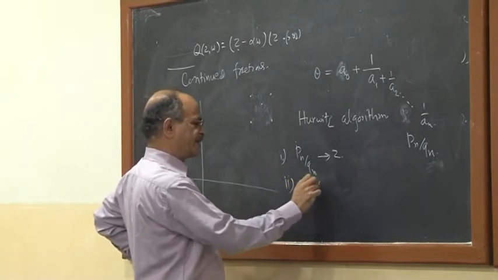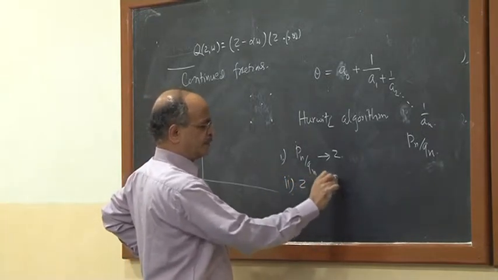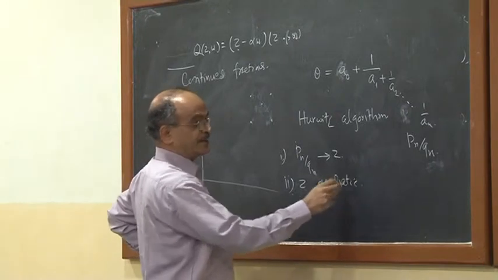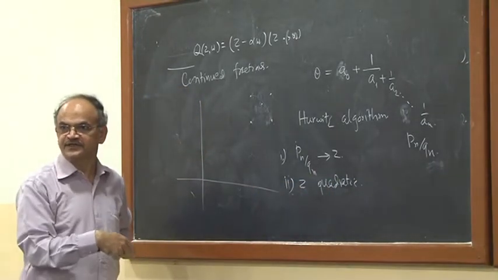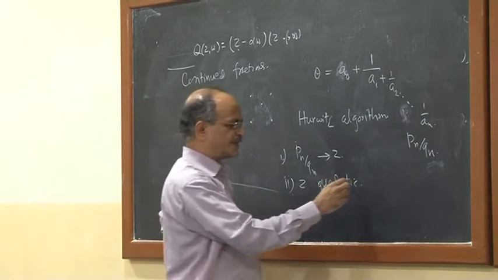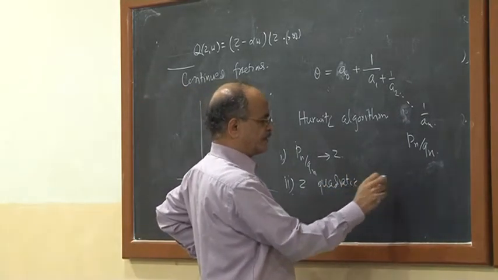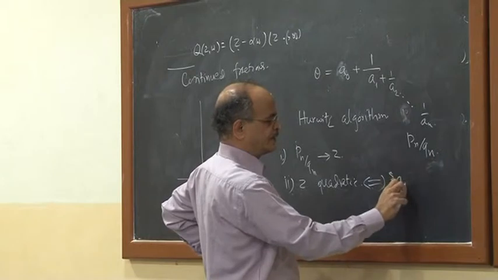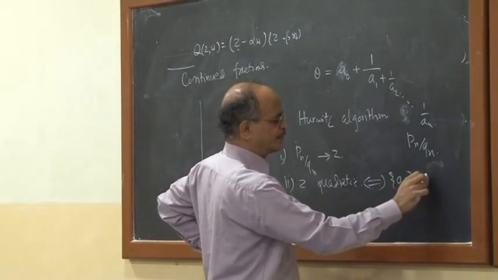Z is quadratic if and only if the ANs are eventually periodic.